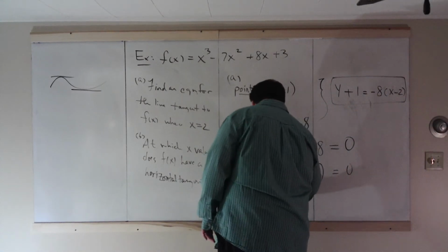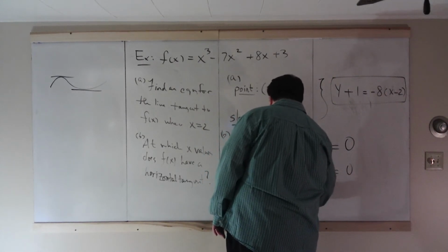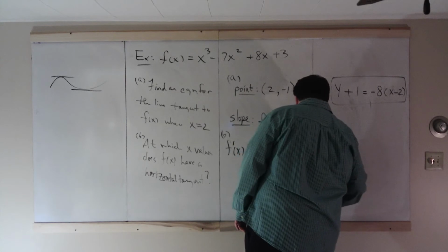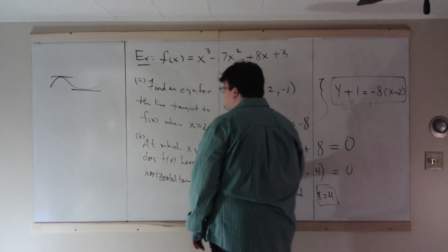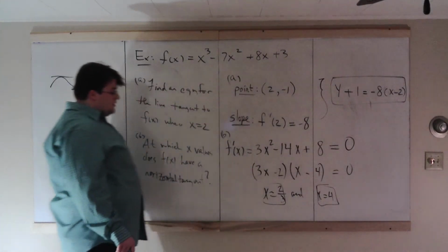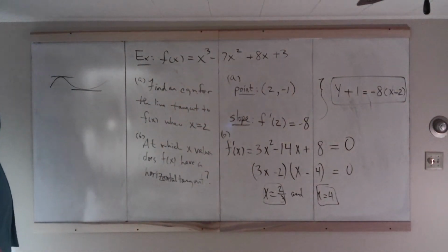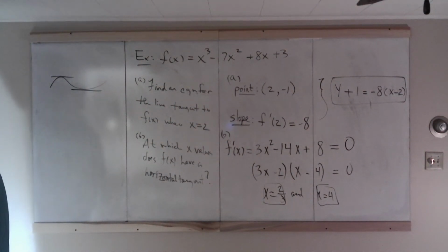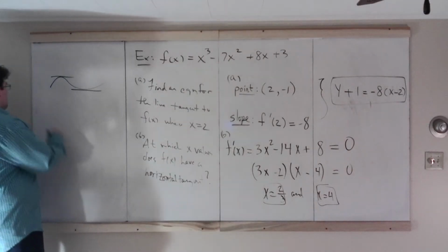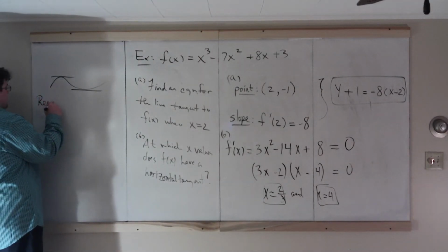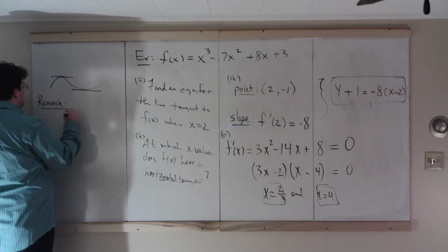So we get x equals 2/3 and x equals 4. Those give us our horizontal tangent lines. So there are just two of the things we could do with the derivative. But for now, I'd just like to make one more remark.